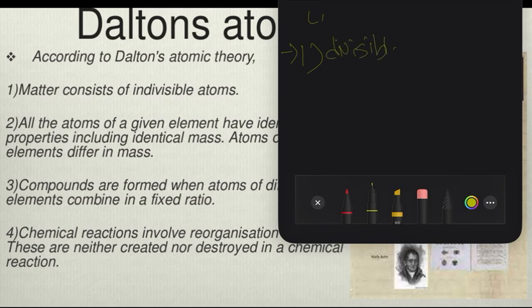Atomic particles exist as protons, neutrons and electrons, so they can be divided. Second, we can find isotopes, they exist, so this rule fails. And the third one is this rule could not explain chemical bonding.